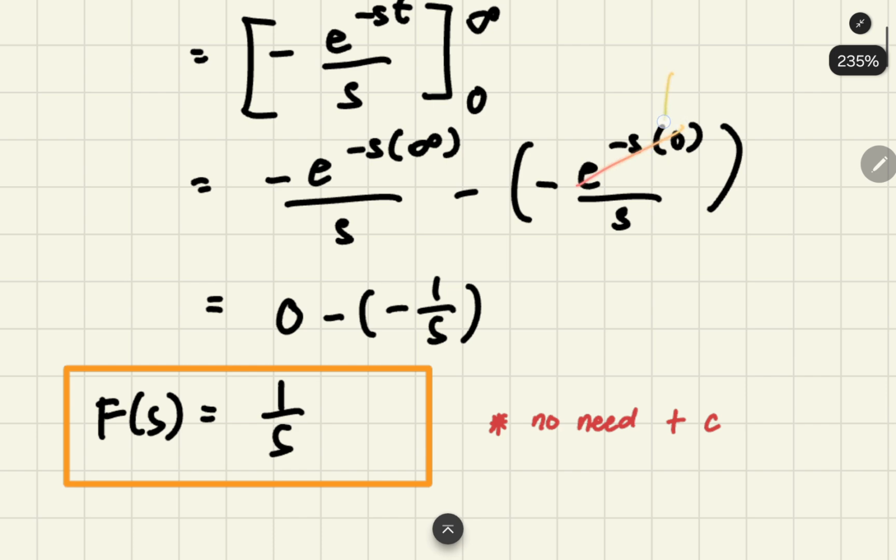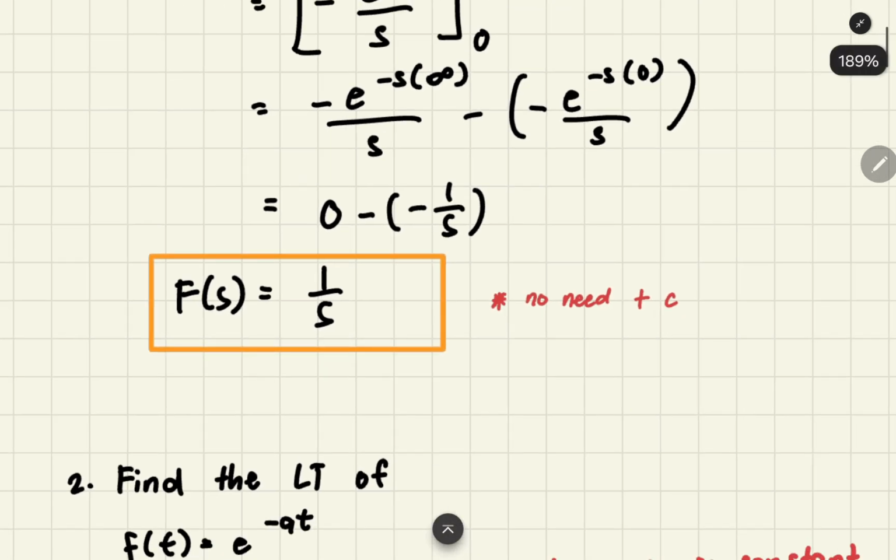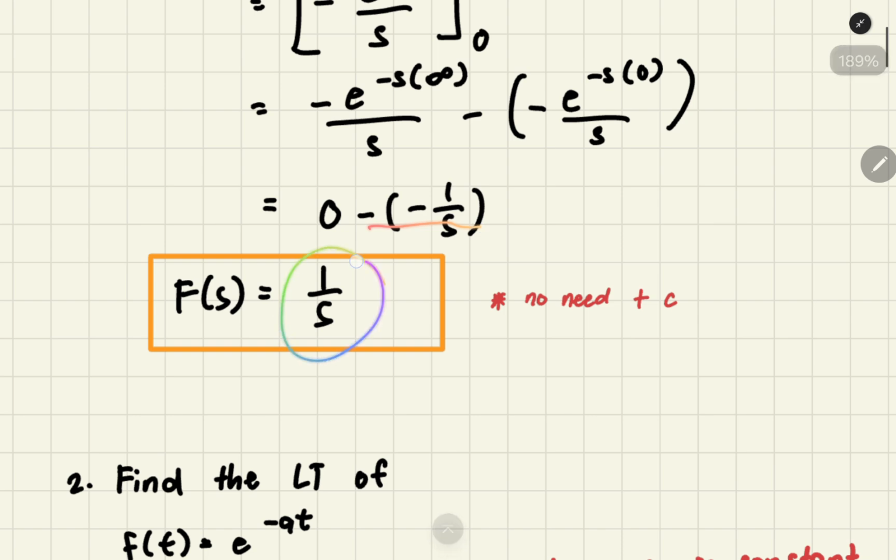This just becomes 1, and the first term becomes 0, because e raised to negative infinity is just equal to 0. So that became 0 over s, which is just 0, minus e raised to 0, which is just 1. So it became negative 1 over s. Remember that any number raised to 0 is just 1. So negative times negative, we have positive 1 over s.